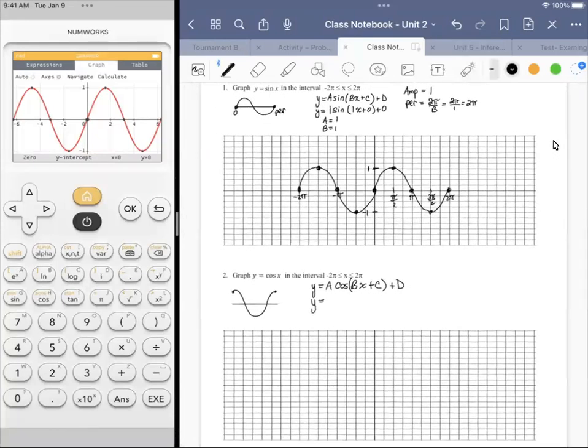I could rewrite it as y equals 1 cosine 1x plus c plus 0 plus 0. The a value and the b value are still going to be 1.